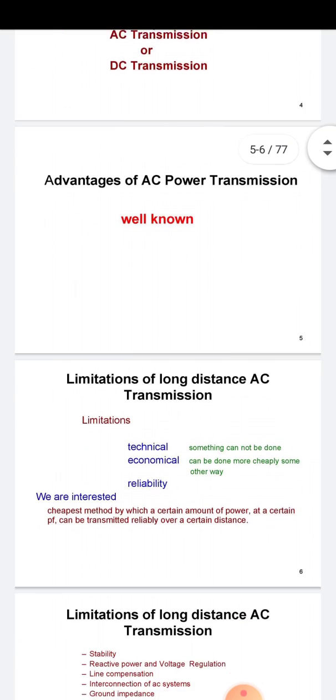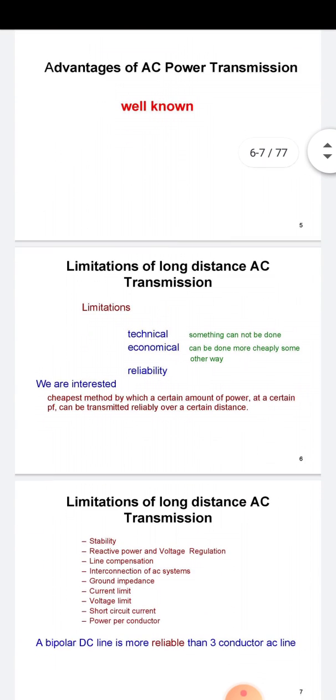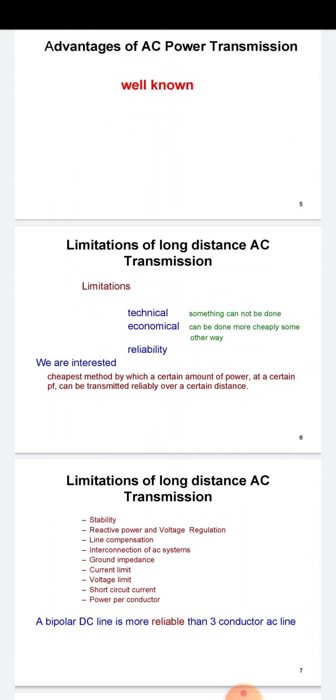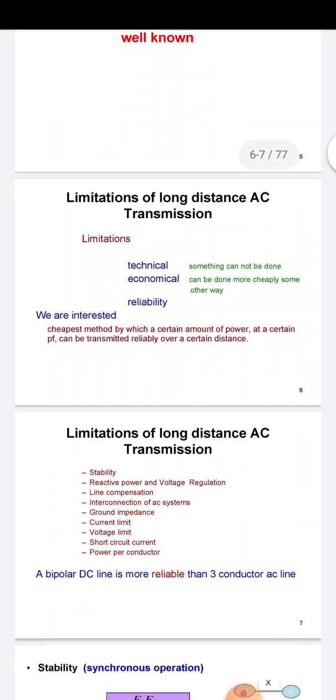AC transmission has some technical issues, and those technical issues have some limitations also. So the relative merits of the two modes of transmission, that means AC and DC, need to be considered by a system planner based on factors. One is economics of transmission, another is technical performance, and the third is reliability.